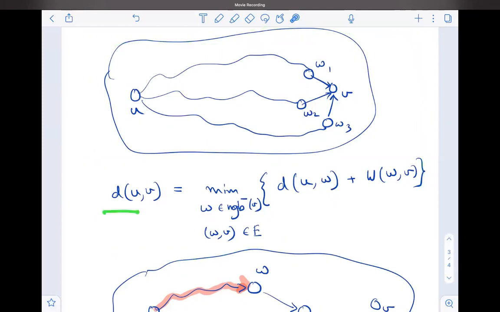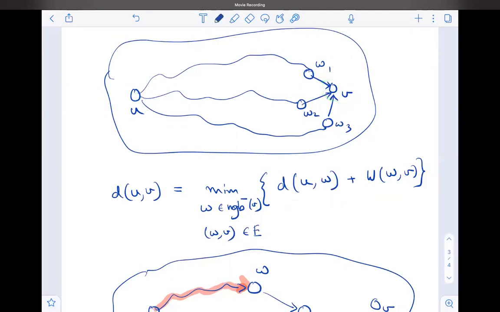Because to find the distance between u and v, I find the distance between u and w1, u and w2, and u and w3, and something like that. And I have to take the minimum of them. In this case, I know that this path should not be passing through v. I'm not interested in making it pass through v.